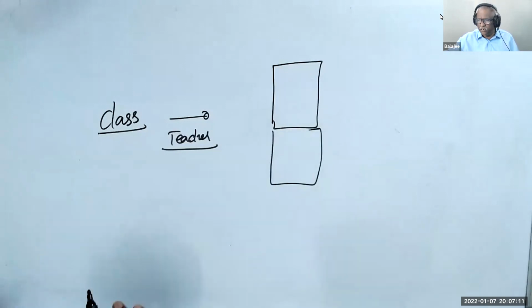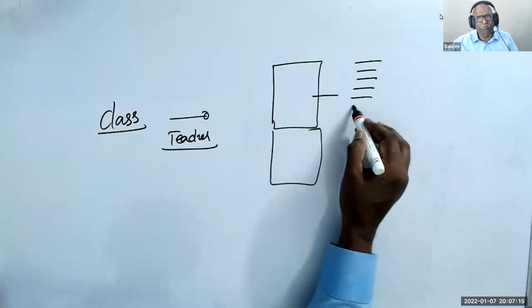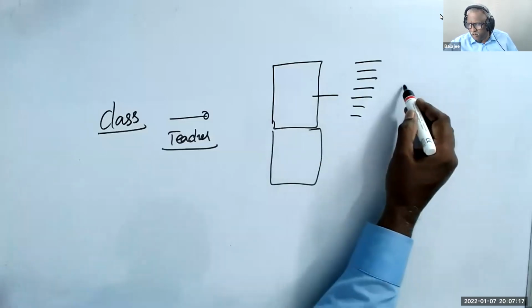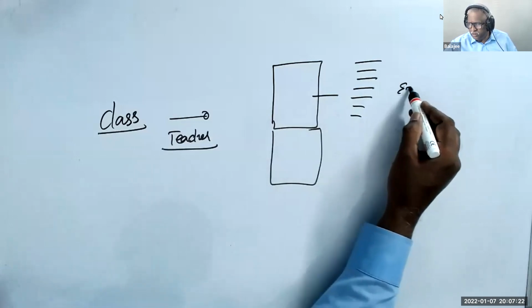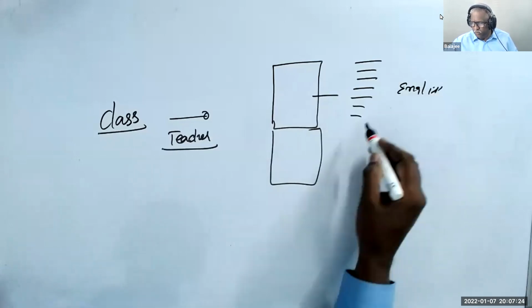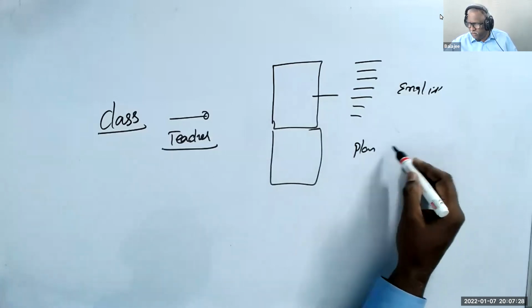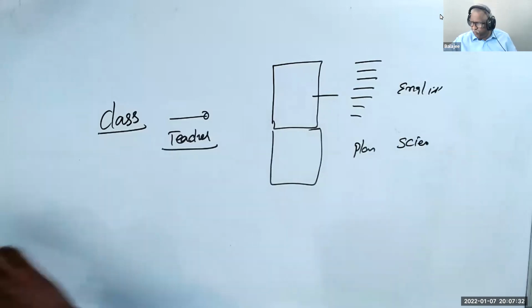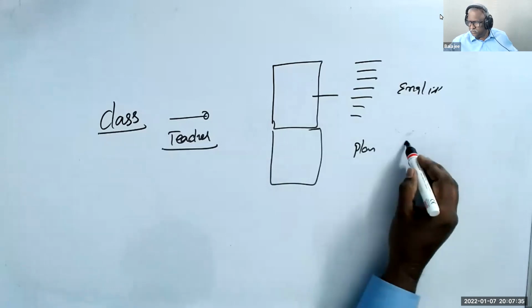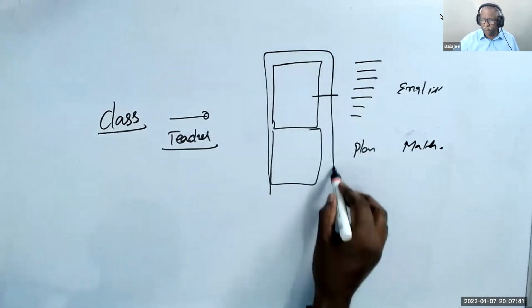And she said that I want ruled pages for English, I want plain pages for maths. Sorry, maths. I want plain for math. And she wants it in a single notebook like this.